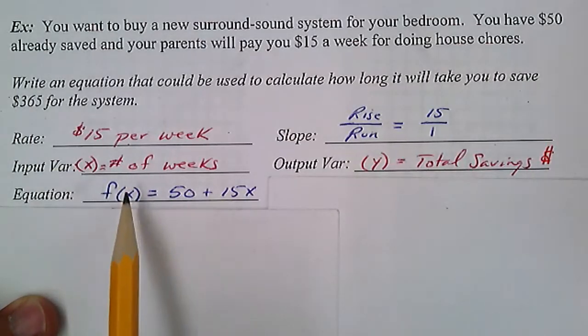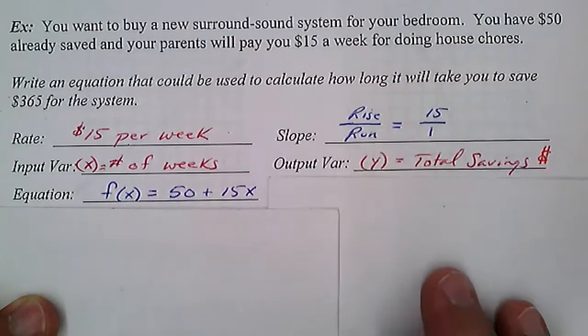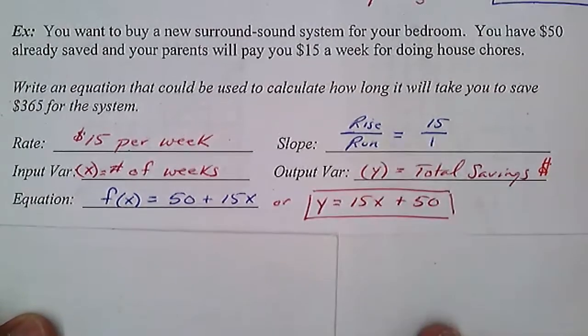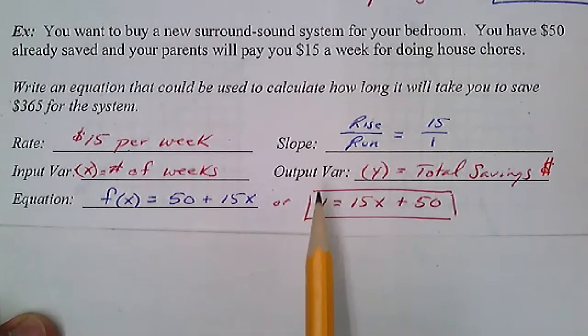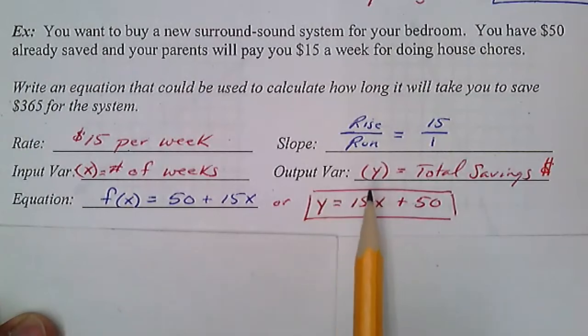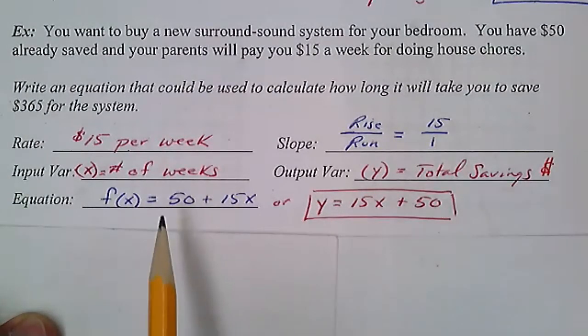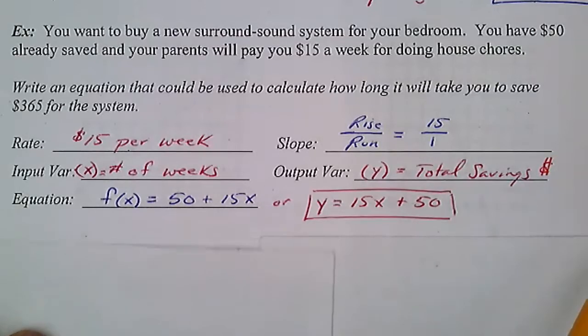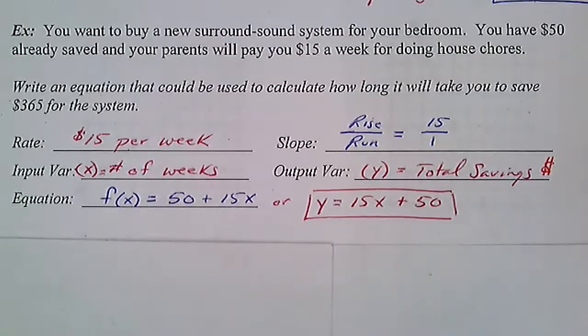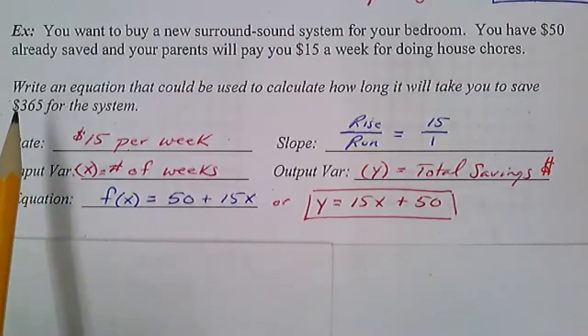And f of X, that stands for my Y. Okay, so we could write it like this. We could say f of X, we could change that to a Y. And then I could put my rate and then my upfront. Or you can put your upfront and then your rate. So either way works.